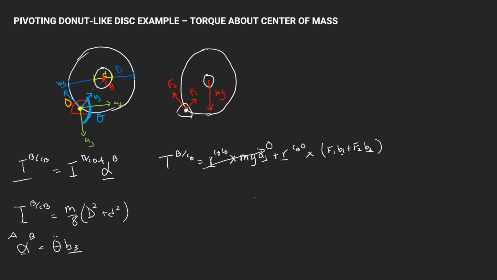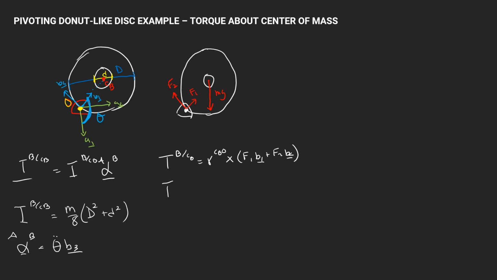So I'm just going to erase this for space and write this again as r from the center of mass to O crossed with our forces acting upon point O, which are F1 B1 plus F2 B2.